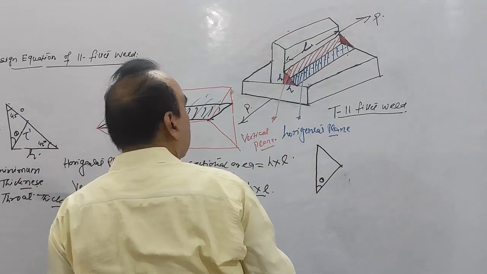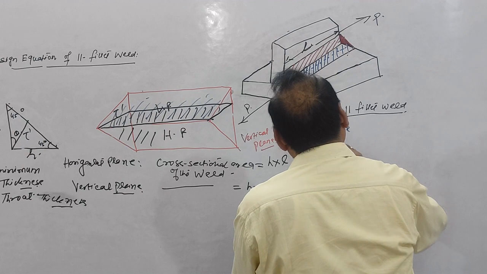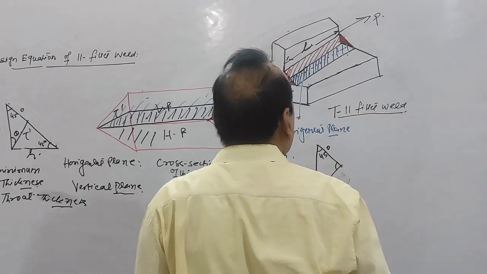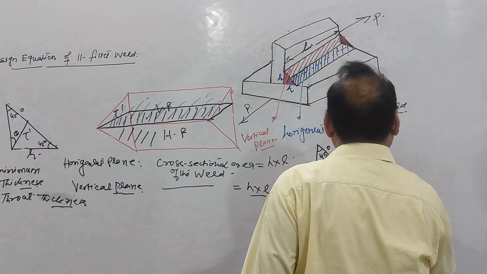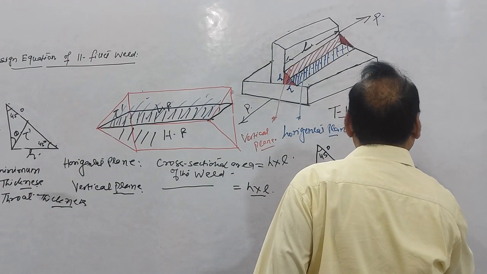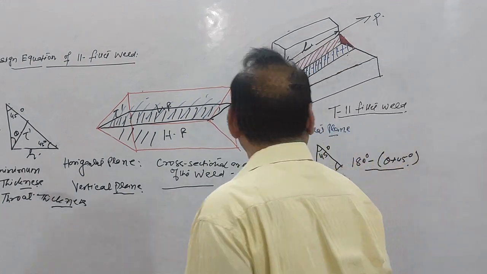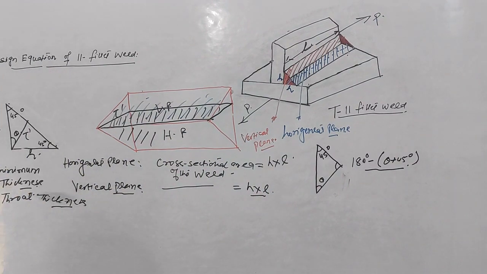This angle is 45 degree. तो J angle कितना होगा? J आपका एंगल होगा 180 degree minus theta plus 45 degree. You understand this? Because we have to calculate this first.